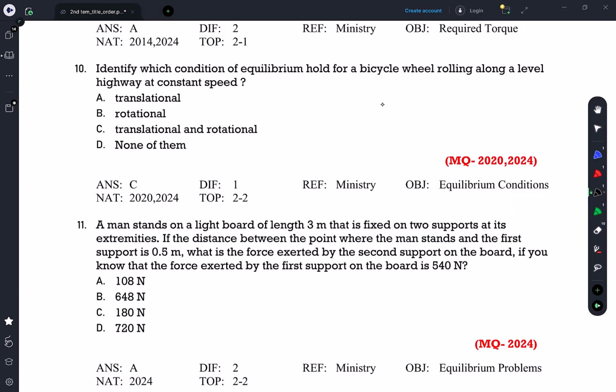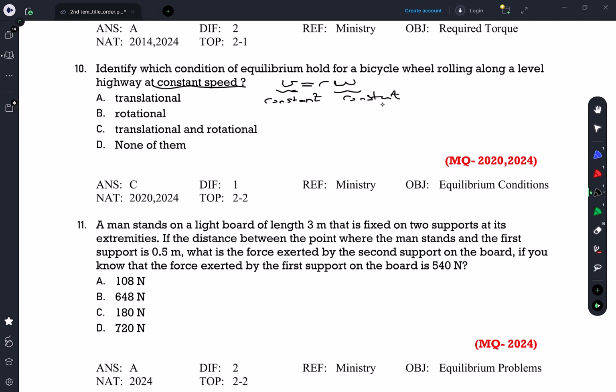Question number 10. Identify which condition of equilibrium holds for a bicycle wheel rolling along a level road at constant speed. So first, constant speed. For a rolling object, we know v and omega are related by this equation. So if one of them is constant, yes, constant tangential or linear speed, omega should be constant too.